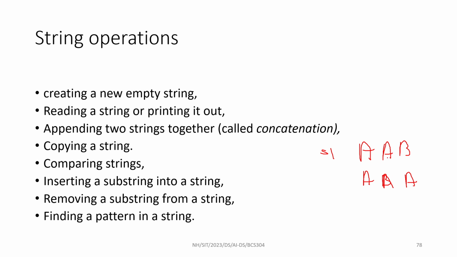Okay. Take the next character. A also matched. Okay. Third character. B is bigger than A. So the answer will be a positive value because AAB appears after AA in the dictionary. That is the comparison operation. Next we'll go for the insertion operation.